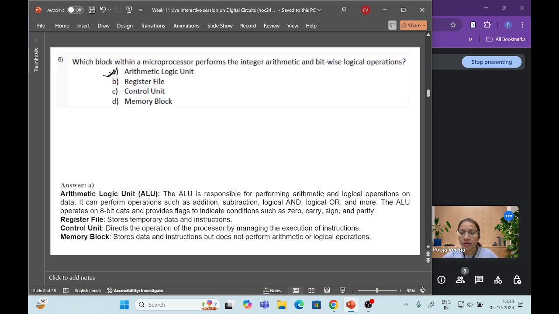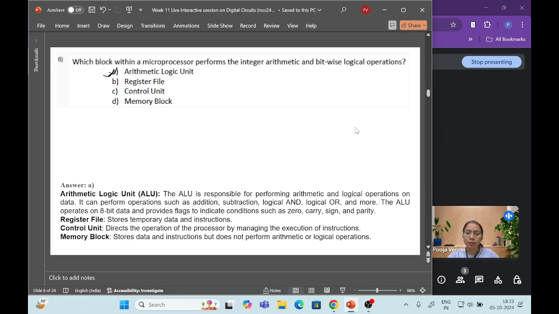So what are the other options doing? The register file stores temporary data and instructions, and the control unit directs the operation of the processor by managing the execution of instructions. The memory block also stores data and instructions but does not perform arithmetic and logical operations. Only the ALU, which stands for arithmetic logic unit, is responsible for performing arithmetic and logical operations on data.